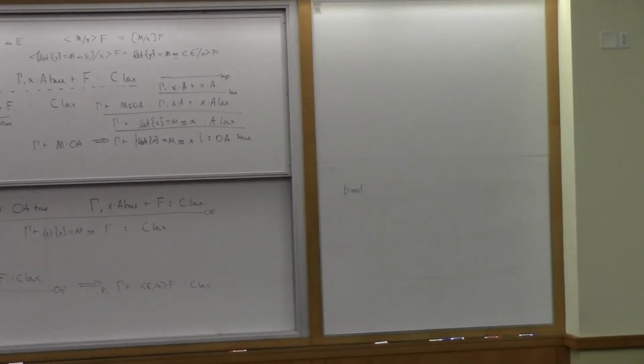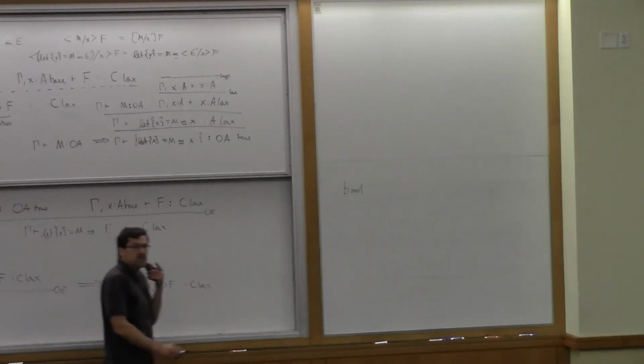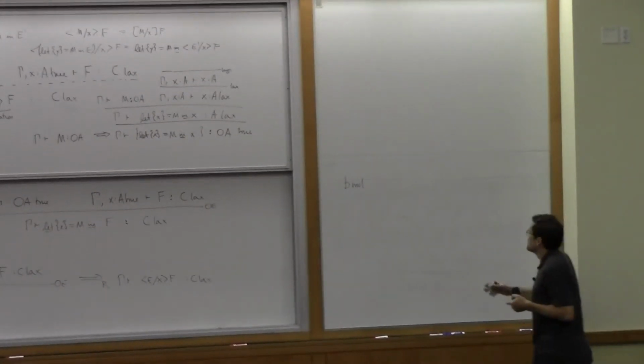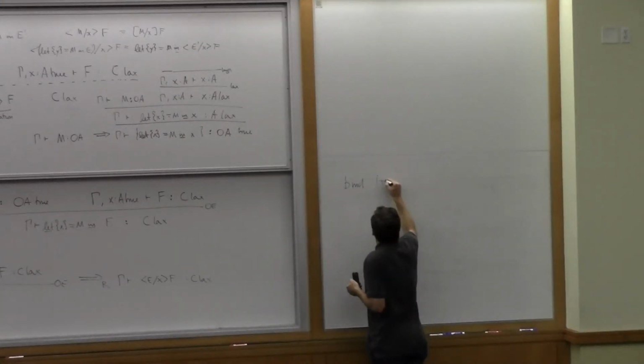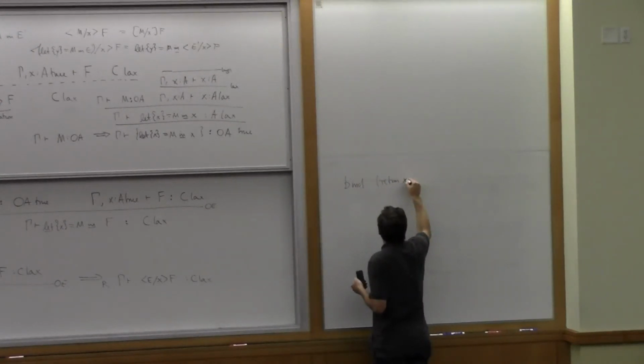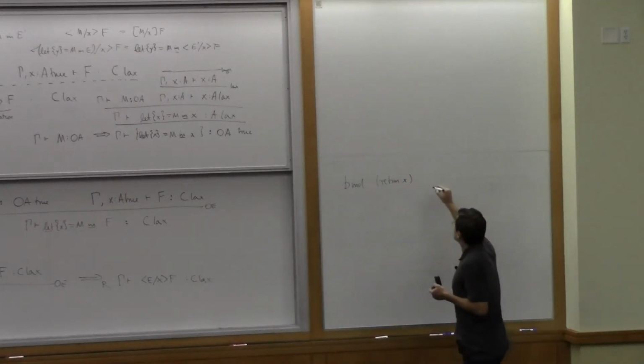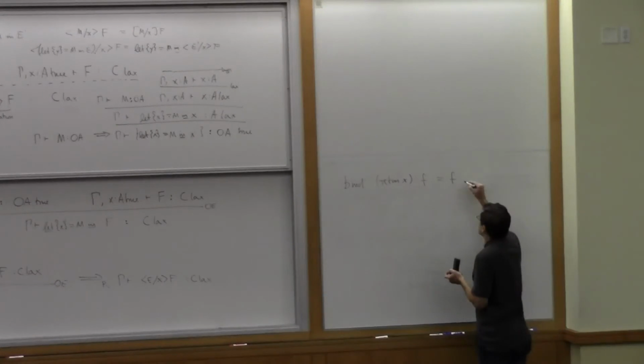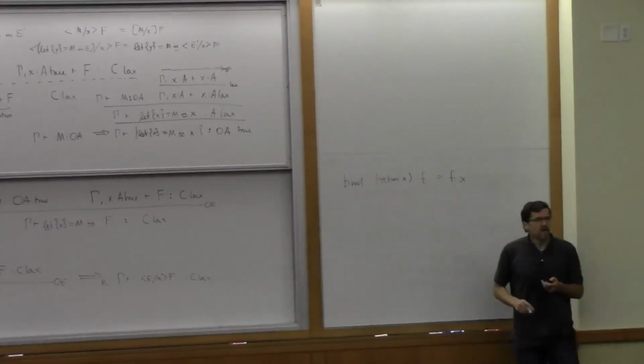Well, that one is one of the laws, okay? Do you have another one in mind? There's another one. bind (return x) f equals f of x. Yeah, f of x, that's right. Okay, so let's look at that.